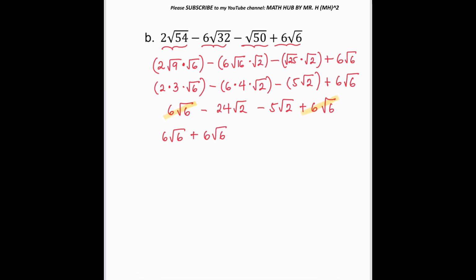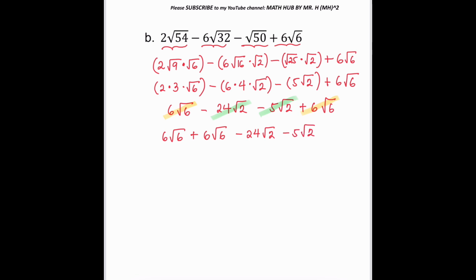And for the next group, because both of them have the same radical, square root of 2, square root of 2, so basically we can combine them. And we got negative 24 square root of 2 minus 5 square root of 2.